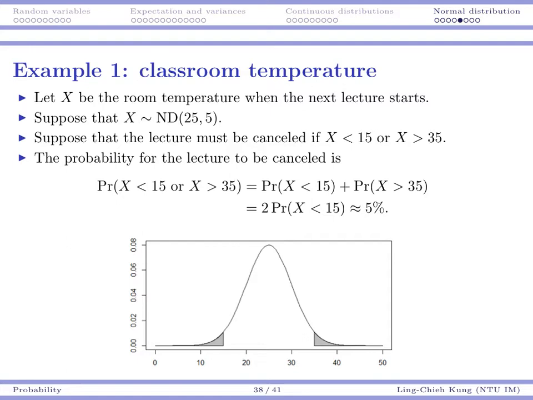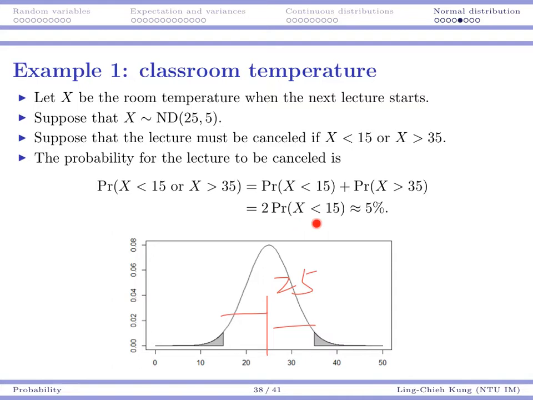Because this curve is symmetric and the center is at 25, this length is 10 and that length is also 10. So those two areas must be identical. The probability for X to be less than 15 and the probability for X to be greater than 35 must be the same.